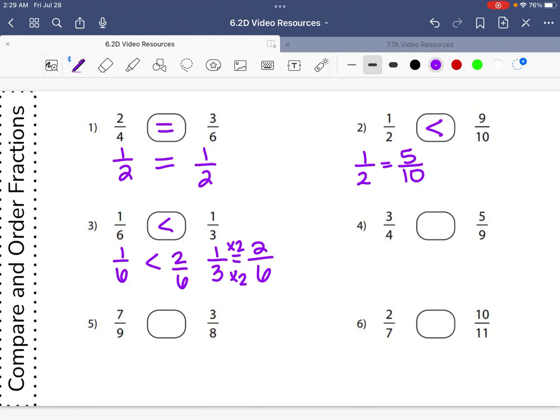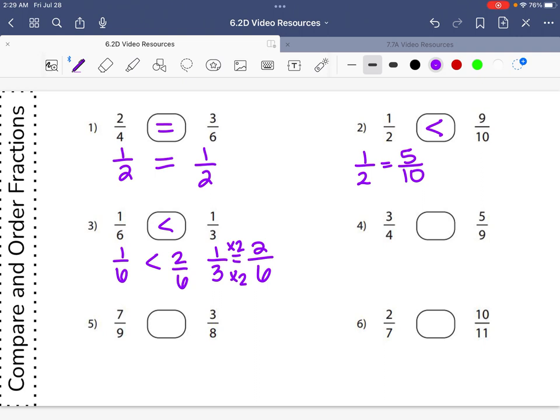Both of these previous problems that we've looked at, we've only had to really change one fraction to have a common denominator. Number 4, when we're comparing 3/4 to 5/9, it looks like we're going to have to change both.